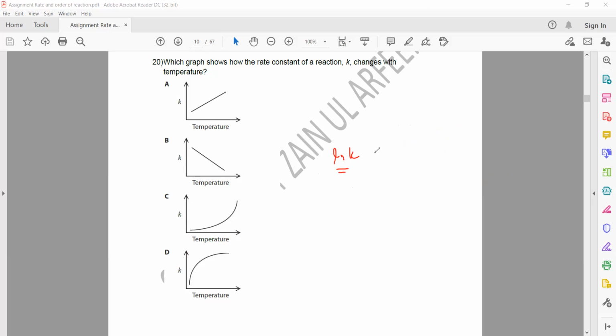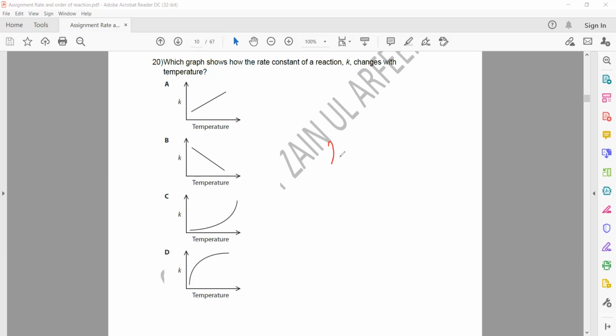So in logarithm, if I say x is equal to ln y, or it is written 1 over ln y, basically in logarithm, if one of the quantities is increasing, the other quantity will decrease.